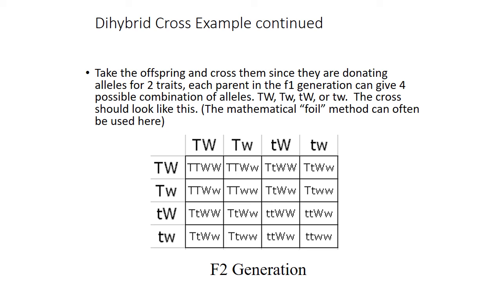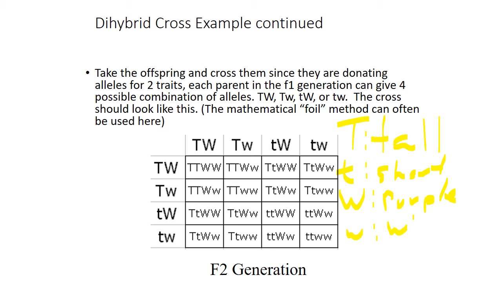Now, real quick, before we begin, I'm going to write them down on the side. So we have a big T, and that means that it is tall. A little t, and that means it's short. A big W, and this means purple flowers. And a little w, and this means white flowers.